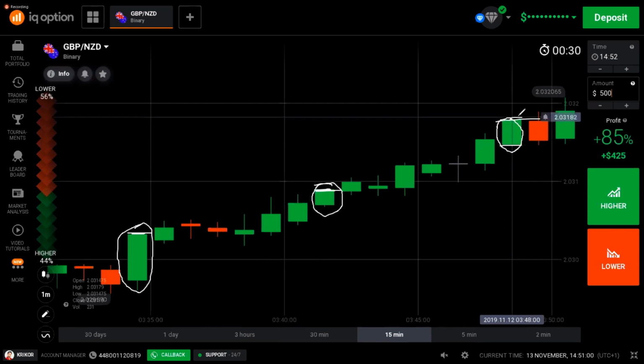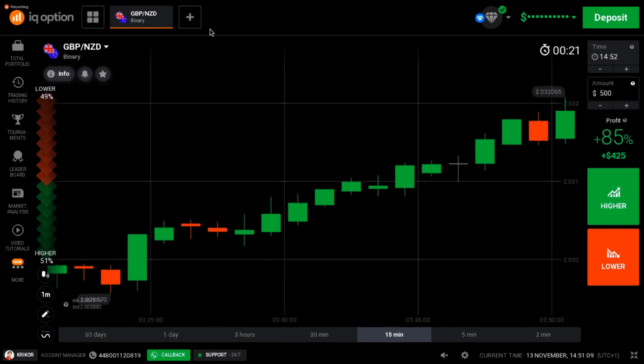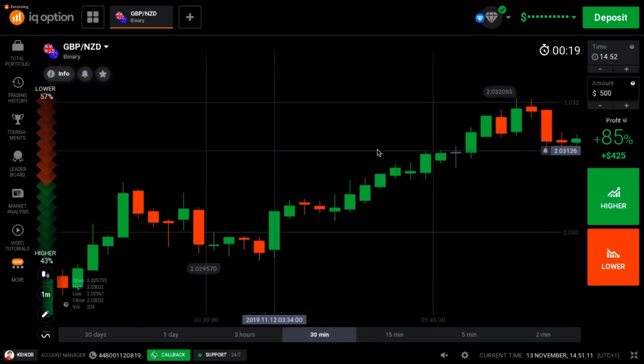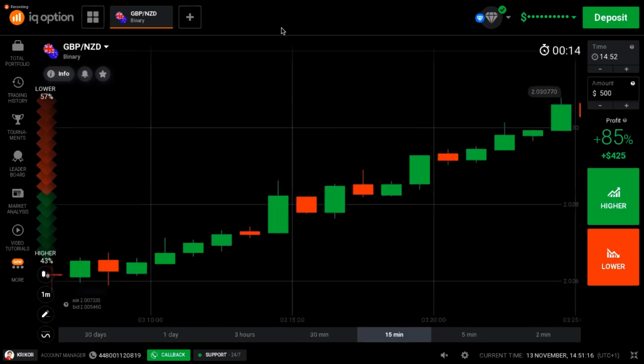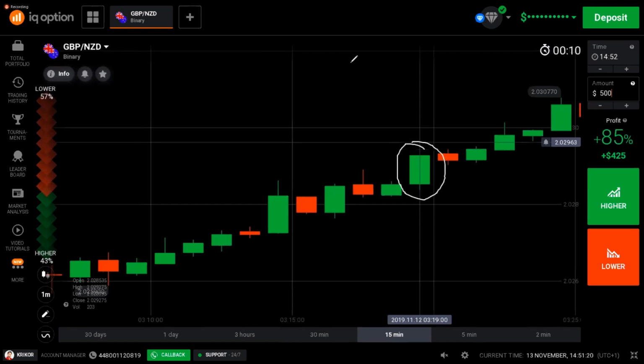But sometimes it can serve as momentum. But note that it's a Marubozu candle. Okay? So let's look for more momentum candles. This is a momentum candle.